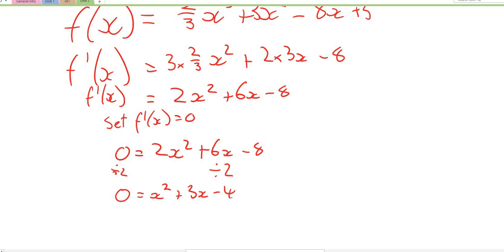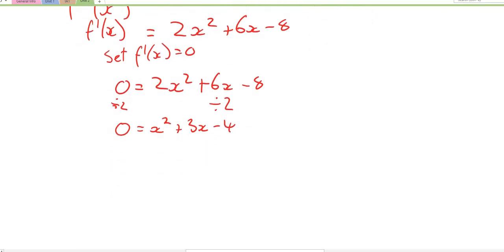So you should get 0 equals x squared plus 3x minus 4. That's a monic. I can factorize that pretty easily. So 0 equals x plus or minus something, x plus or minus something. So I need 2 numbers that add to positive 3, multiply to negative 4. The only numbers that multiply to 4 would be 1 and 4 or 2 and 2.